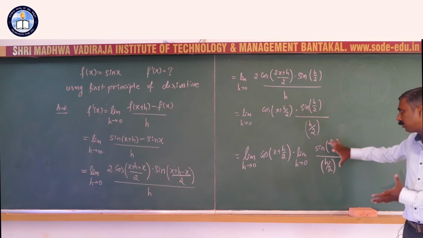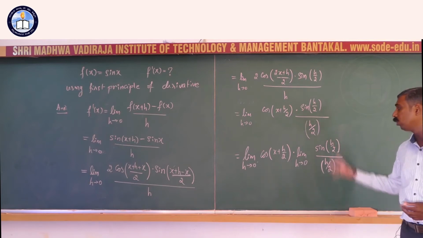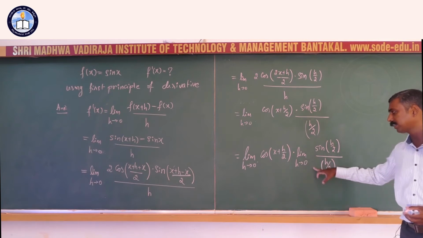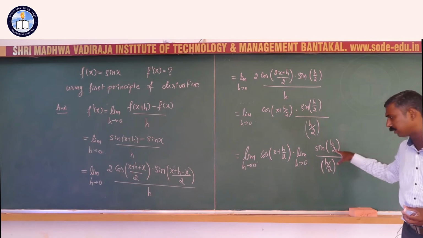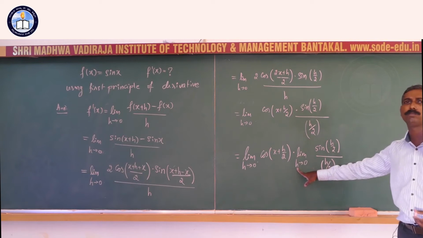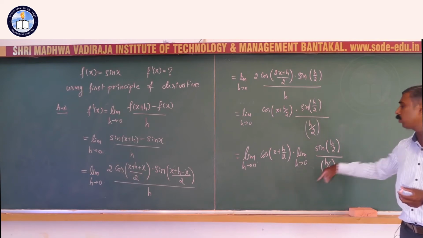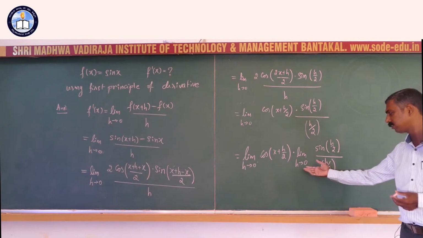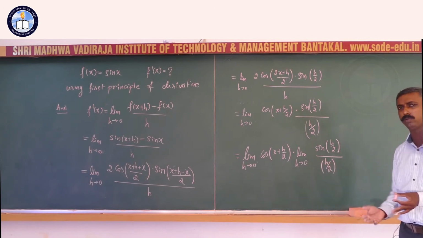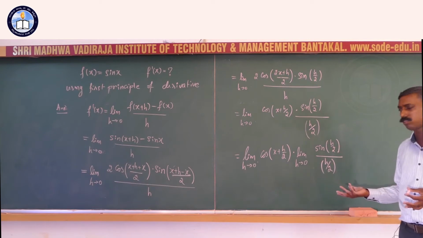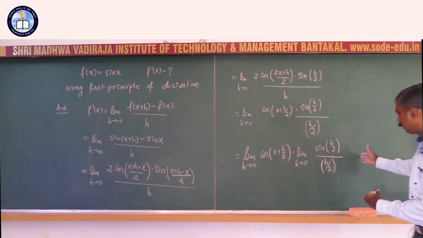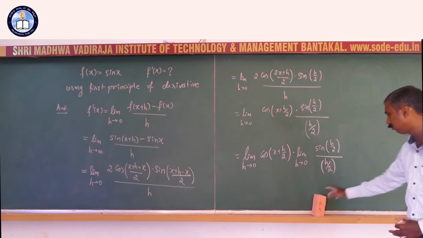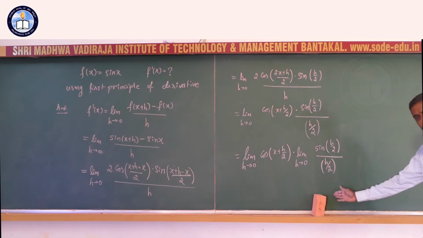We are very happy to see this expression, because we know the theory: sin x by x as x tends to 0. Here h by 2 is there, no problem. Since h is tending to 0, h by 2 tends to 0 very quickly. If h is very close to 0, h by 2 will be close to 0 only.